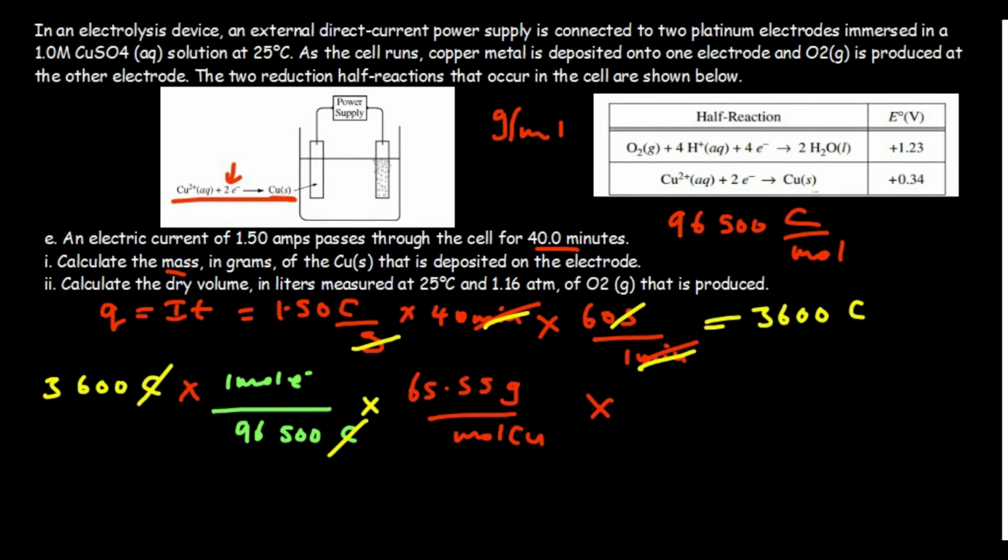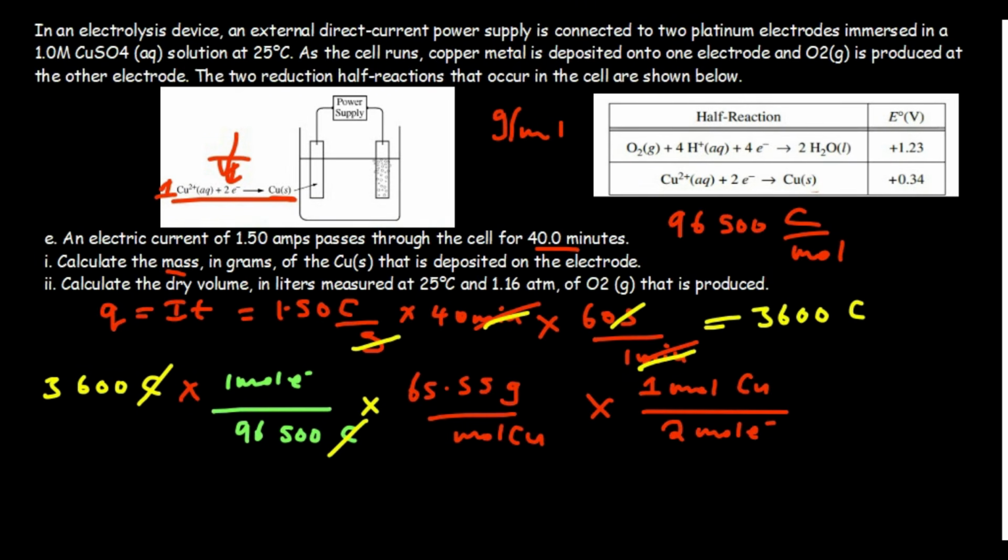Now according to this reaction, we are told 2 electrons are basically gained by every mole of copper. So we need to make sure we write it in the way that it will cancel out. So per every mole of copper, we have 2 moles of electrons being what?